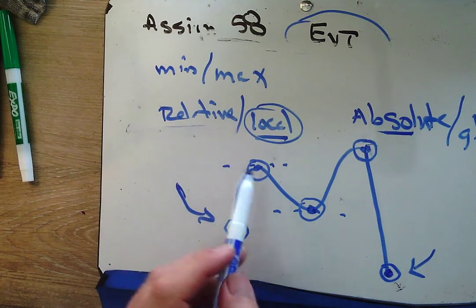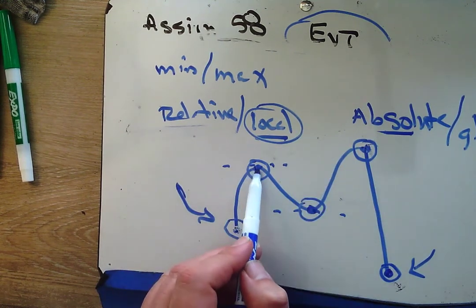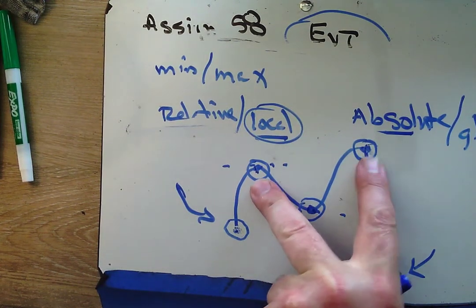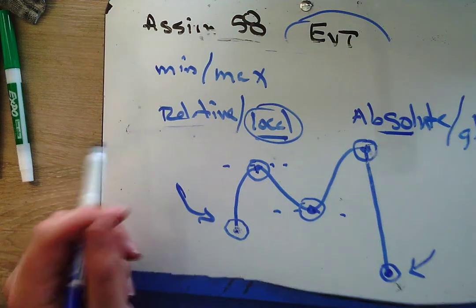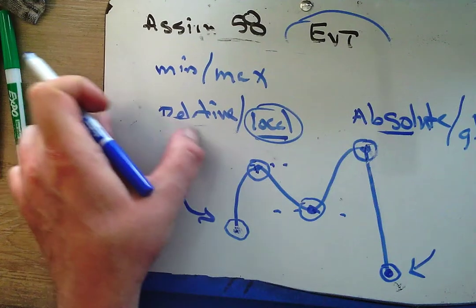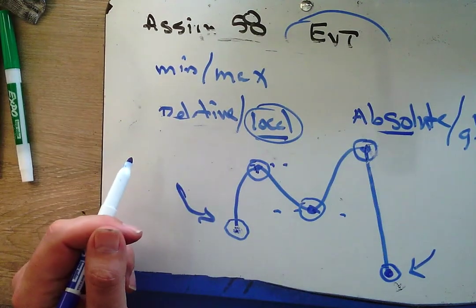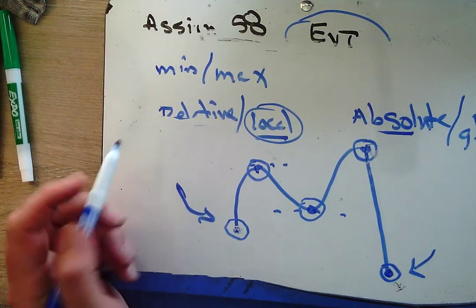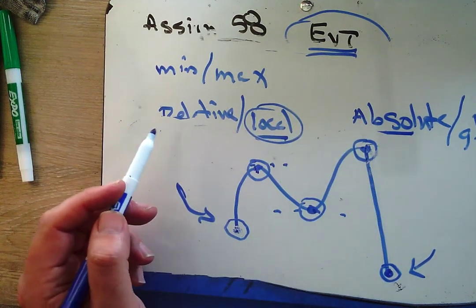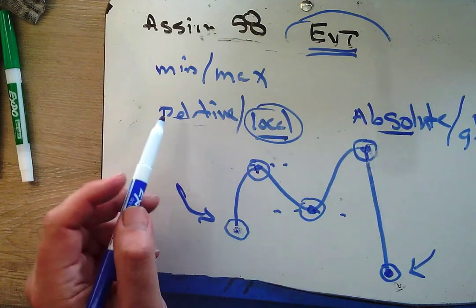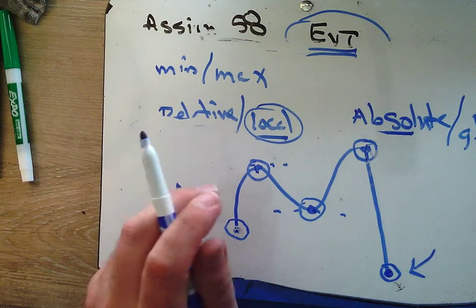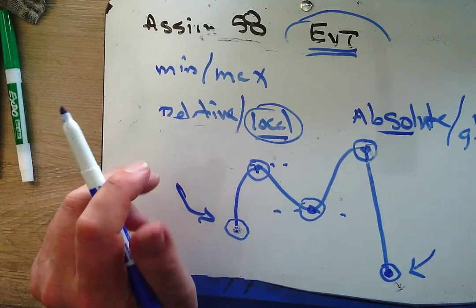Absolute max, no, that's just a relative or local max, and over here we have a relative or local max, and we know that this one is the absolute max. So I will say that what we will be concerned about is not only finding where mins and maxes are, but we're also going to be asked, because this is EVT, the extreme value theorem, to figure out which of these are absolute maxes and which of these are absolute mins.